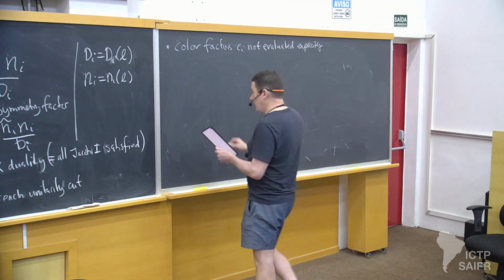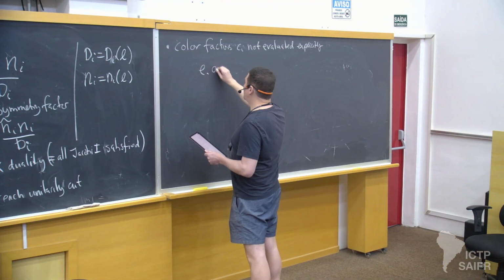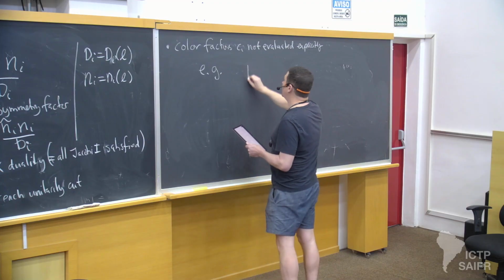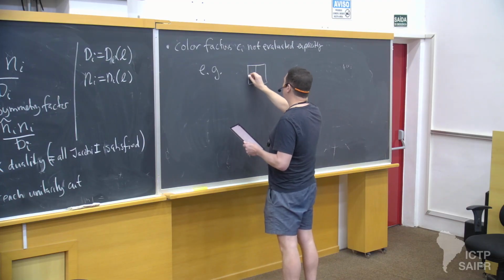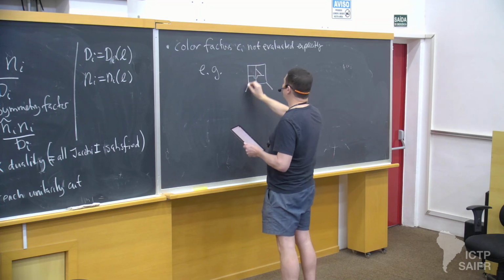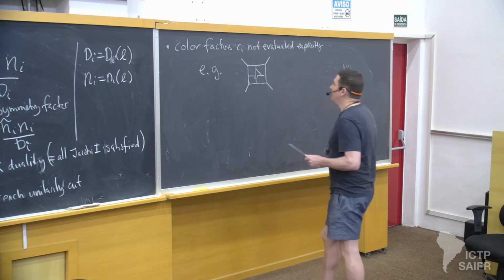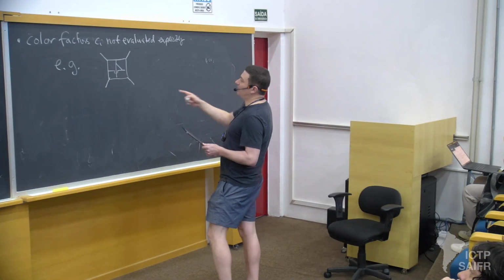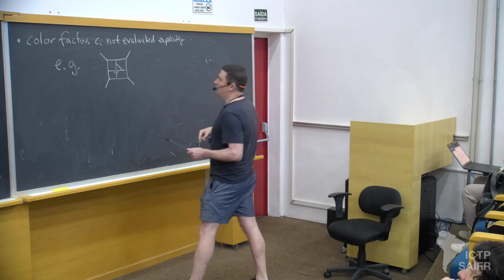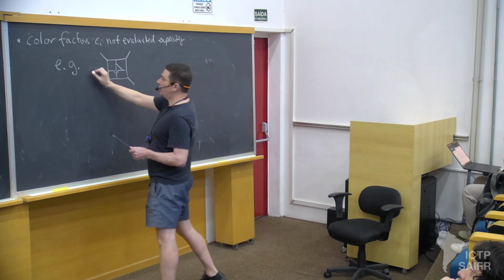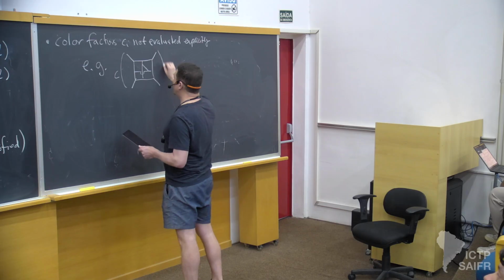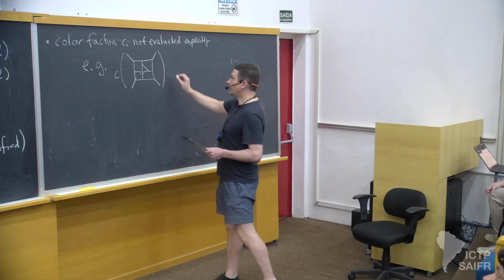So just to give you a very interesting example, there's a certain loop diagram, which I usually call the non-planar window. Well, there's a non-planar window at the lower loop order as well, but let's consider this diagram. There's no crossing here. If I compute the color factor of this diagram, it turns out to be 0.